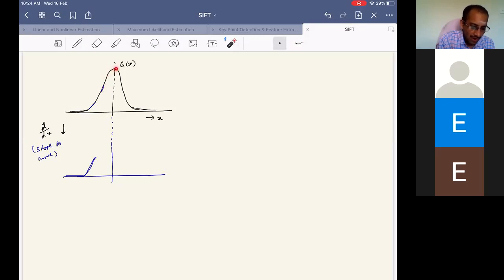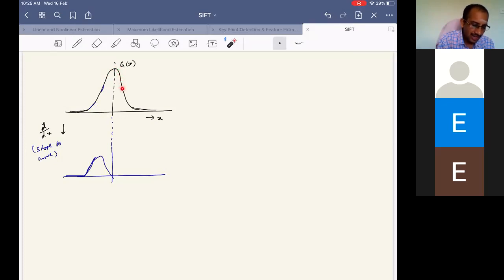And what is the slope at the peak? It is 0. So it keeps increasing for some time and then goes to 0, right? After going to 0, what happens to the slope now?